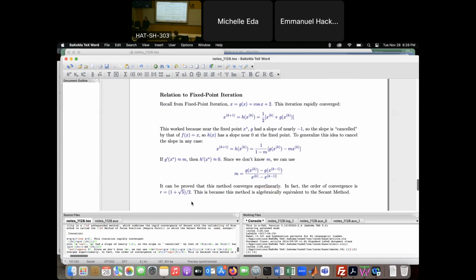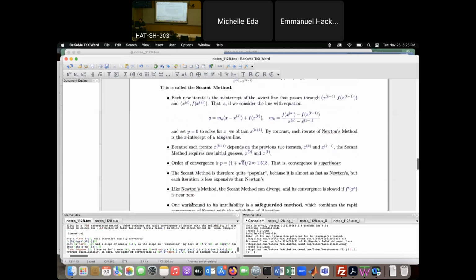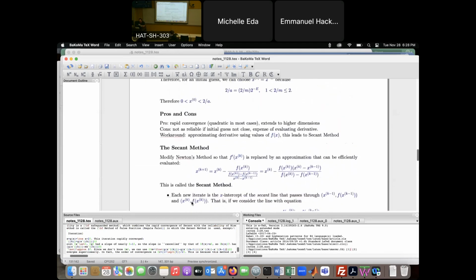Okay. So, are there questions about any of this or homework? When we're discussing the pros and cons of methods, on the cons, not as reliable if the initial guess is not close.